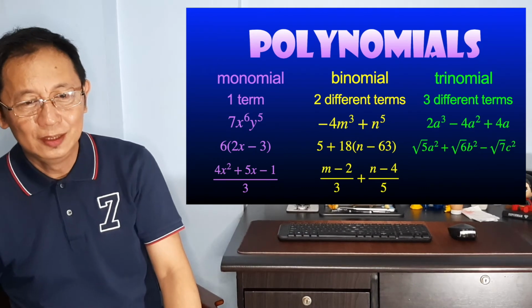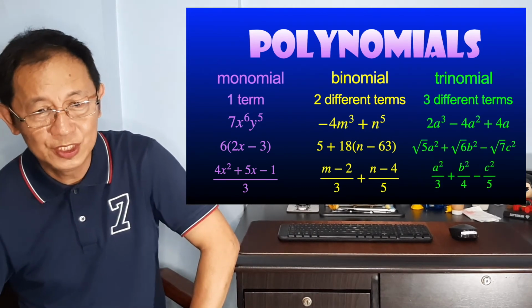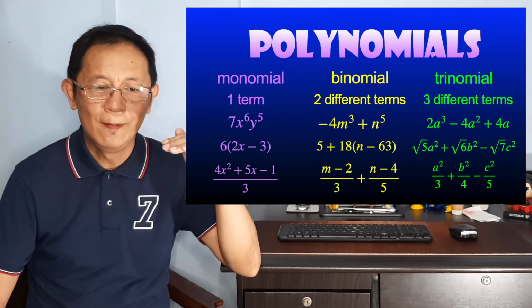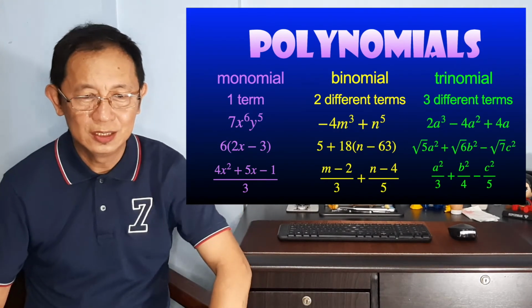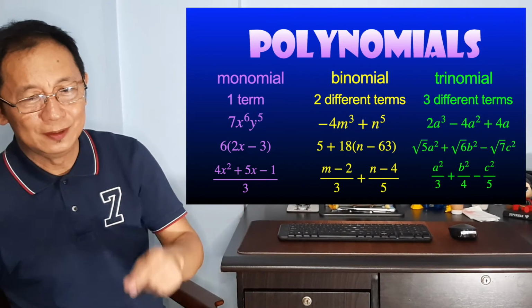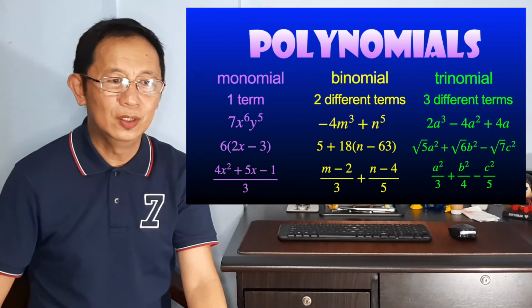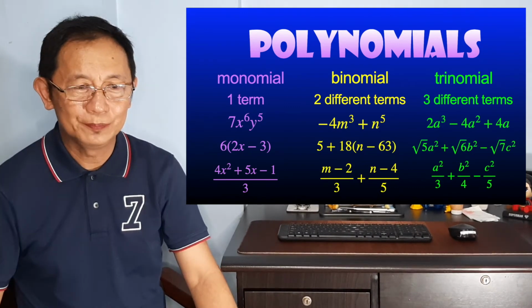Number 3, a square over 3 plus b square over 4 minus c square over 5. So, lahat magkakahiwalay yung terms, no? So, this is a trinomial. So, these are the three types of polynomials: monomial, binomial, and trinomials.